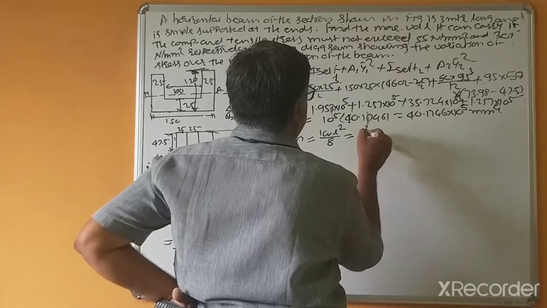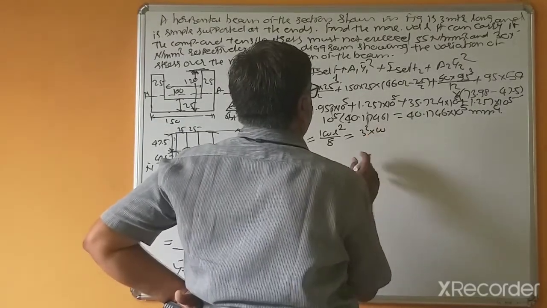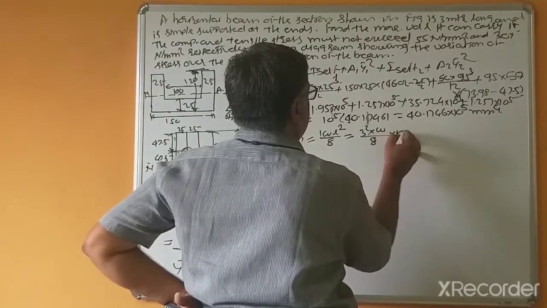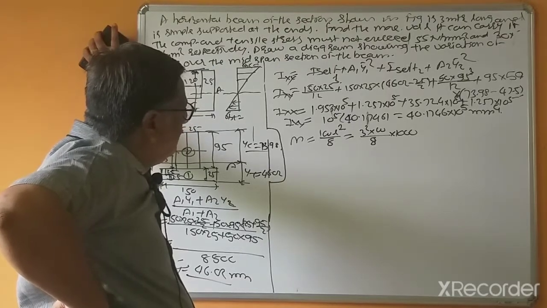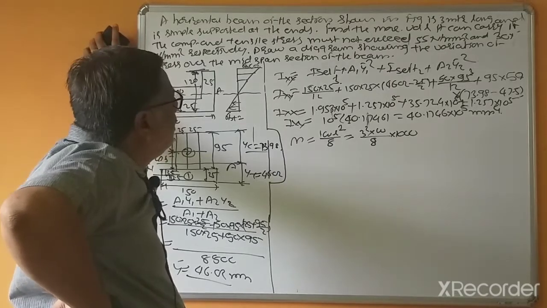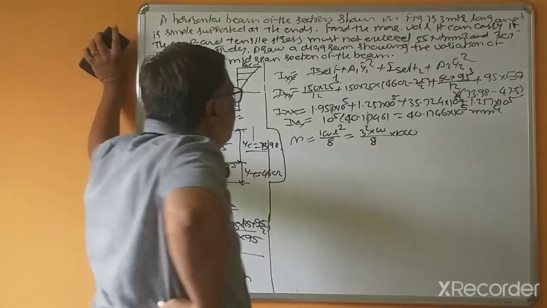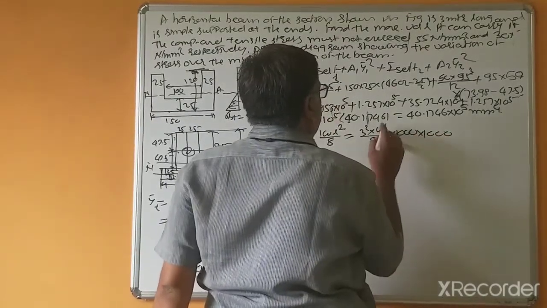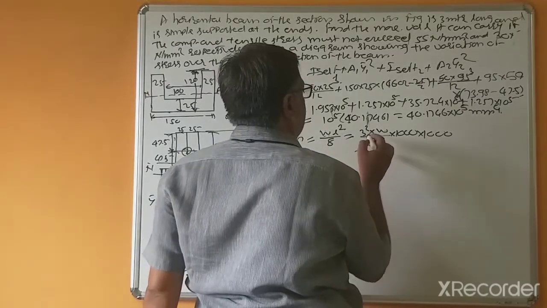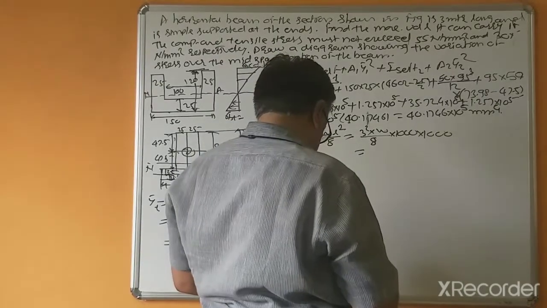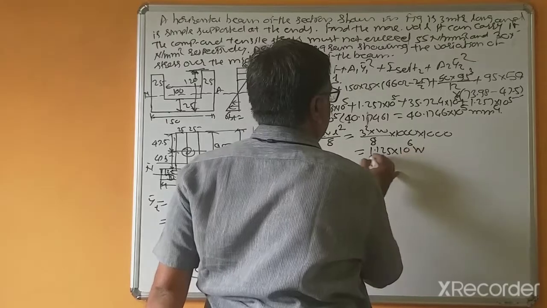So this is 3 square multiplied by W, capital W. Three square means 9, so M is 1.125 into 10 to the power 6 W.